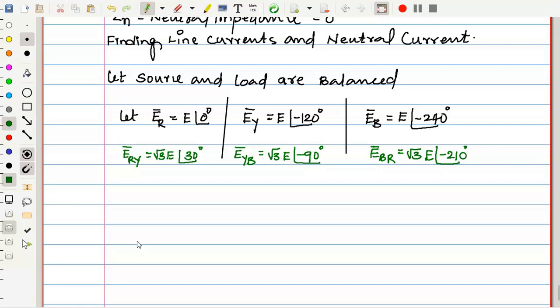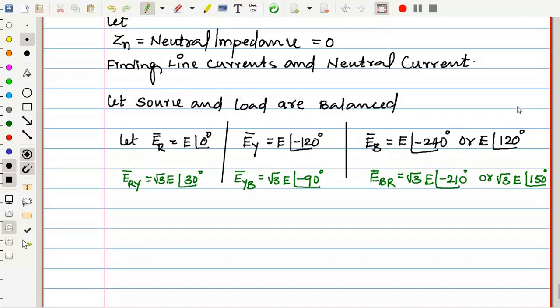It's your wish. So that's what I'm saying. Or it is root 3 E at plus 150, right? If it is E at an angle of 120 plus 120, you can get it this way. So these line voltages, as of now, are not required, but we produced these things.